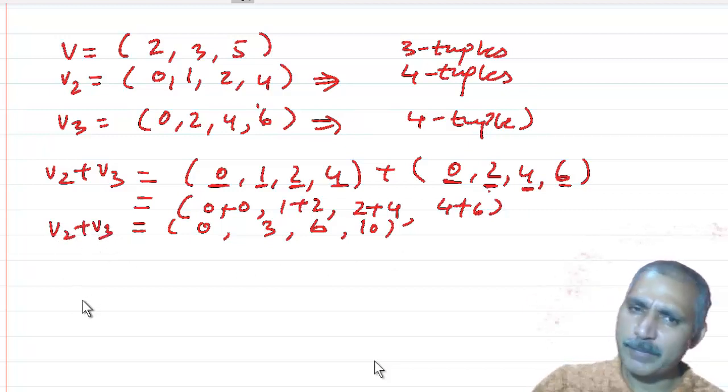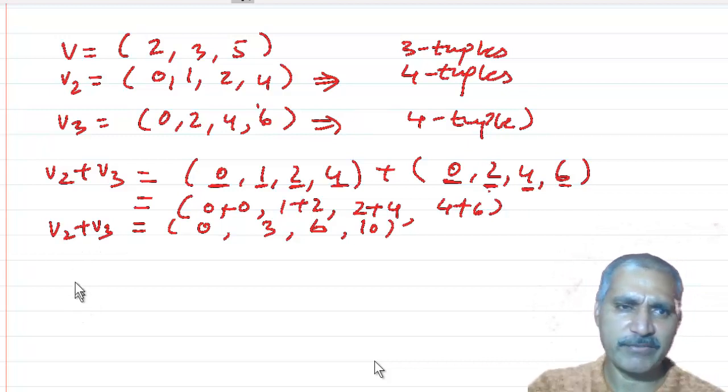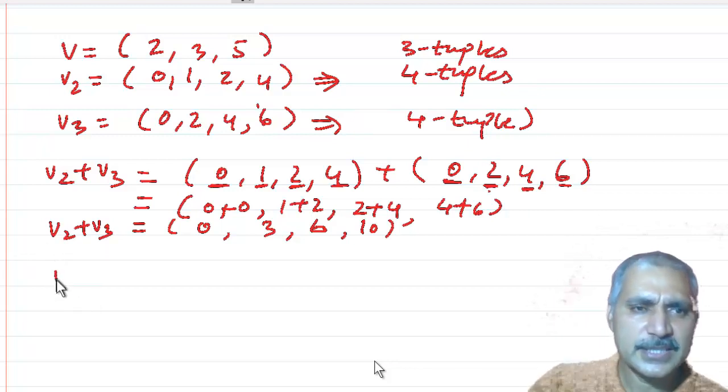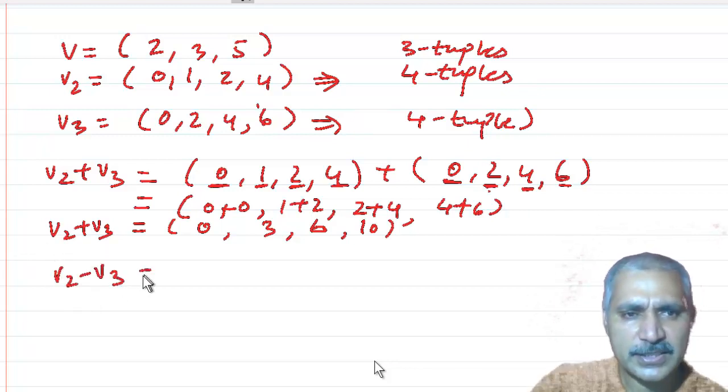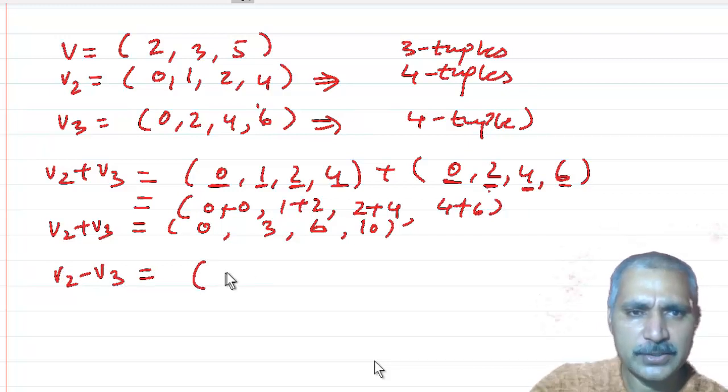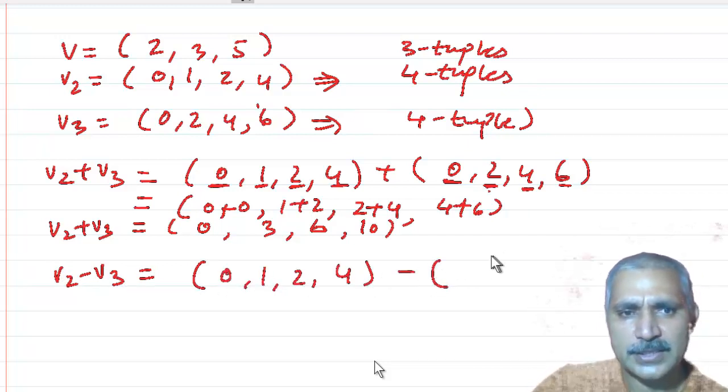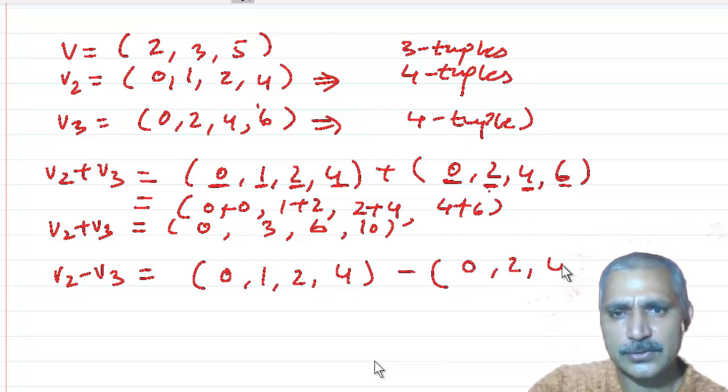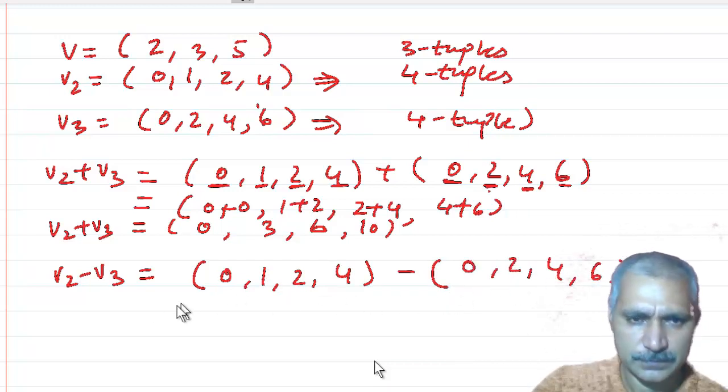Similarly, we can do subtraction in the same way. Let us see v2 minus v3. We write v2, that is 0, 1, 2 and 4, minus v3, that is 0, 2, 4 and 6.